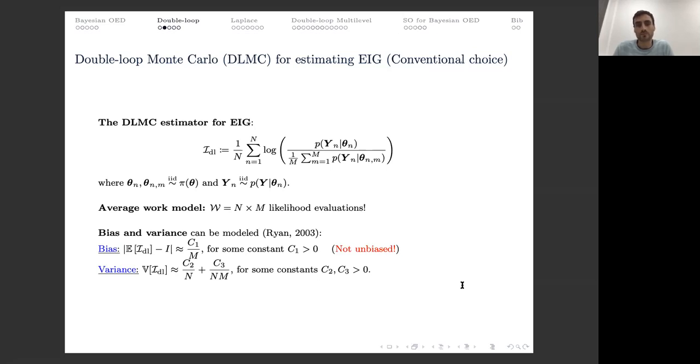And this bias is proportional to 1 over m. The variance of this estimator has the classical component of Monte Carlo, 1 over n, but has an additional variance owing to this additional Monte Carlo, which is proportional to 1 over n times m. So this is not an unbiased estimator. It is consistent though. Consistency means that as you increase the number of samples, the bias vanishes.